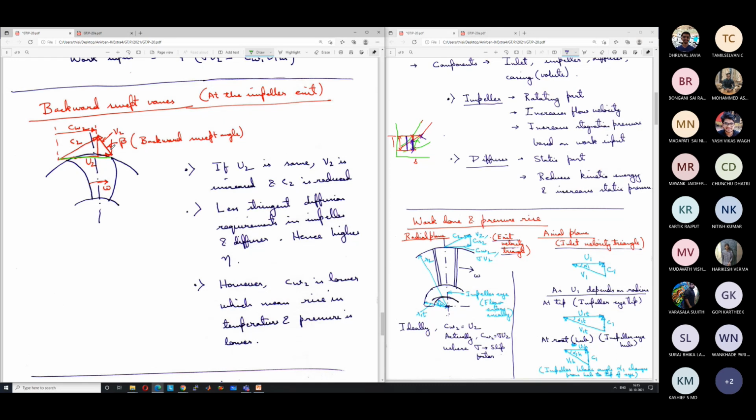As a result, C2 will decrease and Cw2 will decrease. Obviously, directly you can say that that is a drawback. What is the drawback? Cw2 decreasing means less work input, less pressure rise. We want Cw to be as high as possible. So if Cw2 decreases, then why is this concept still there? Backward swept vanes.